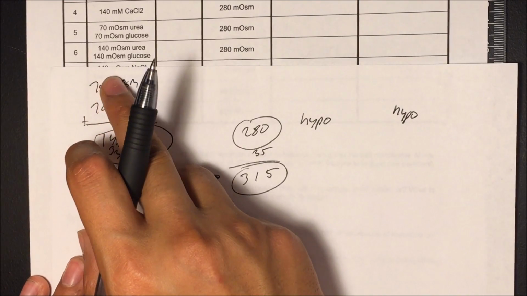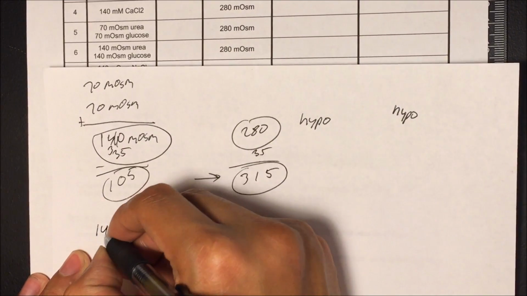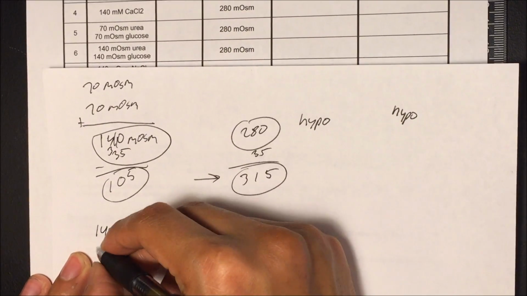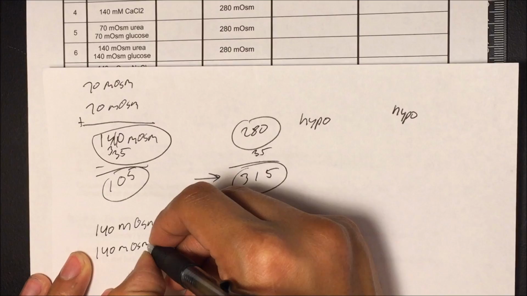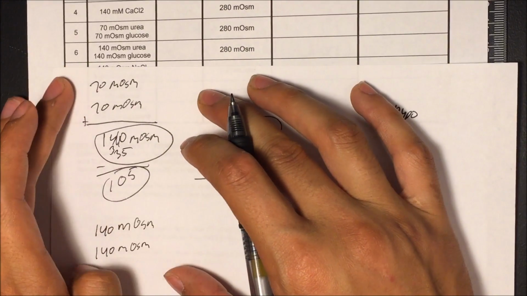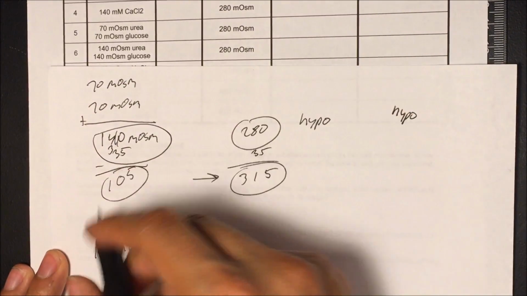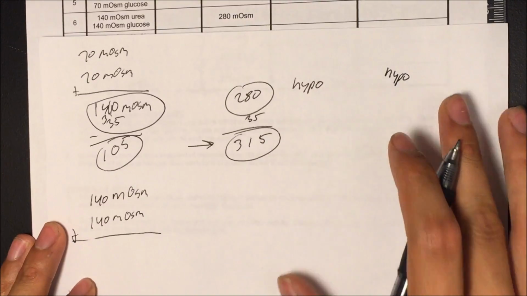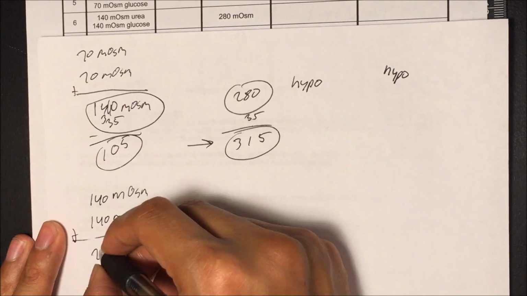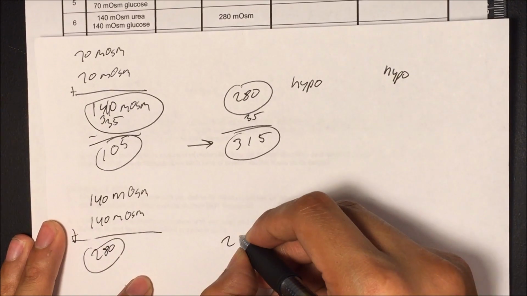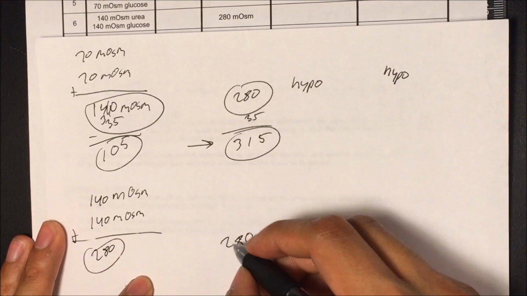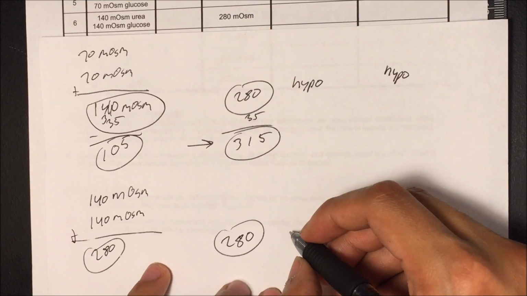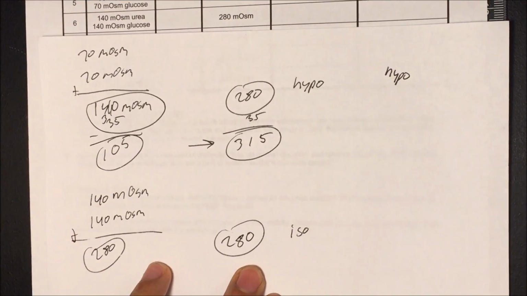So our next example, we have 140 milliosmoles of urea and 140 milliosmoles of glucose. Now, since they're already in the correct units, all we need to do is add them together like before. So that will be 280. And we compare that with the red blood cell, which is also 280. Now, since they're both equal, the osmolarity will be isoosmotic.